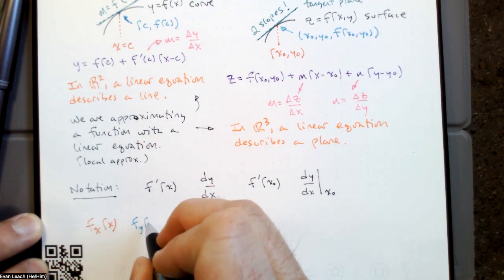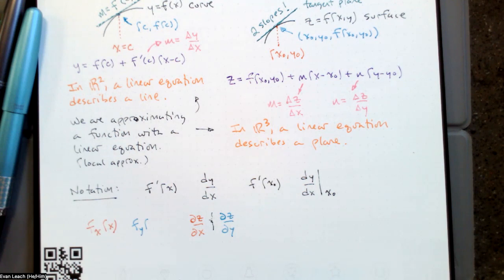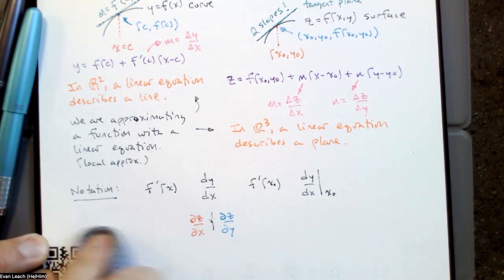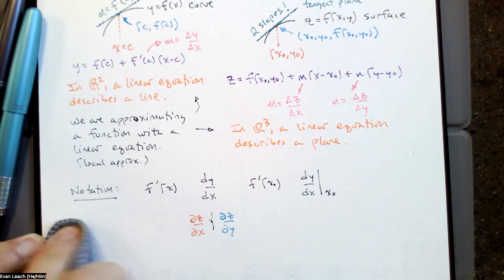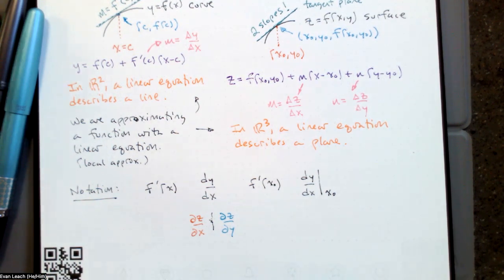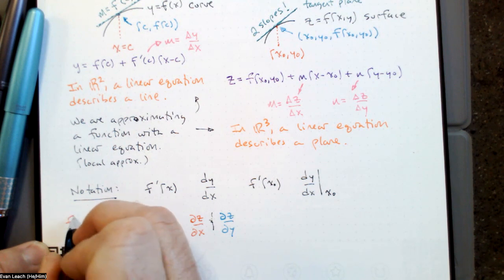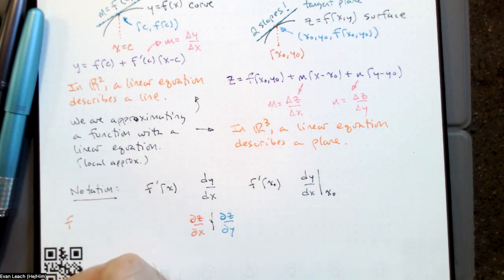So instead of writing a prime, oops, I put an x. I have just an x. So for our prime notation, I can't just put a prime because there are two of them. Which prime is it?